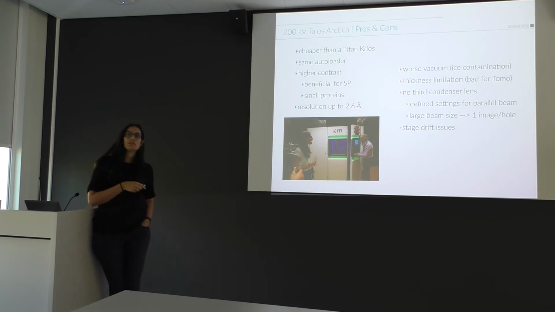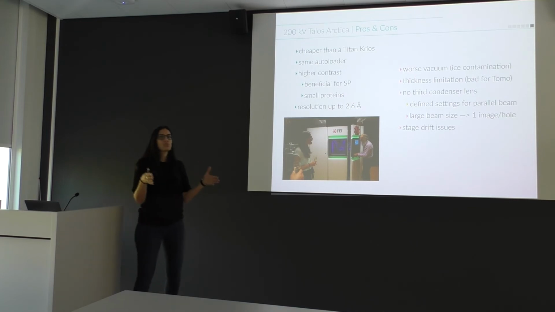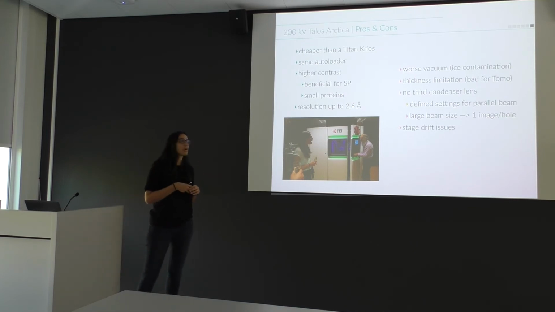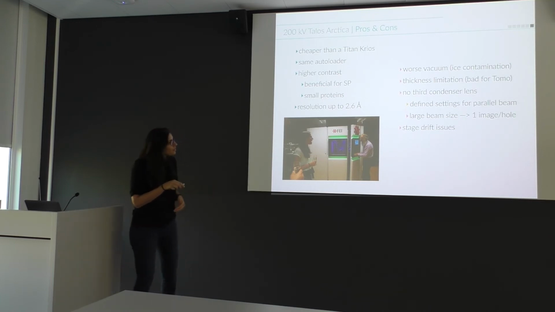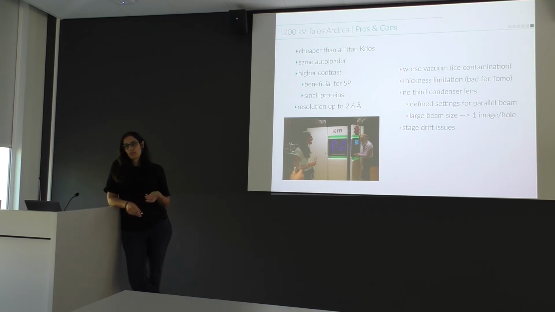And what this means is that you don't have a beam size range where you have parallel illumination, but you really just have, for given settings, one specific combination of settings where you will have parallel illumination. And I don't know if you noticed, I put this as rather yellow because this is a disadvantage, but from a practical point of view, there's again something good you can get out of it.